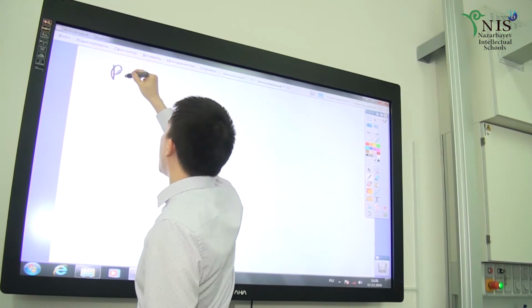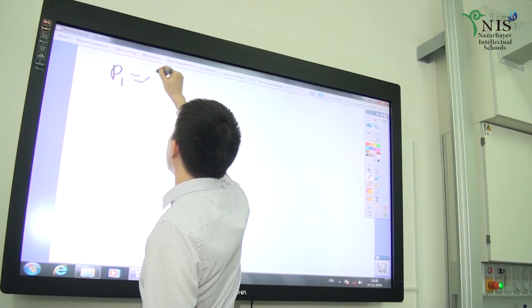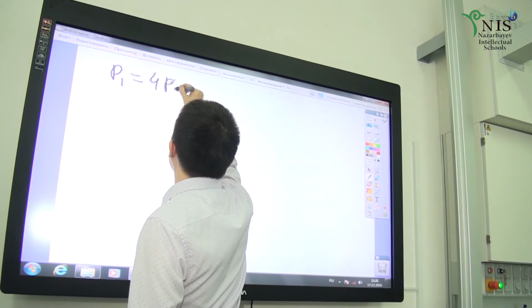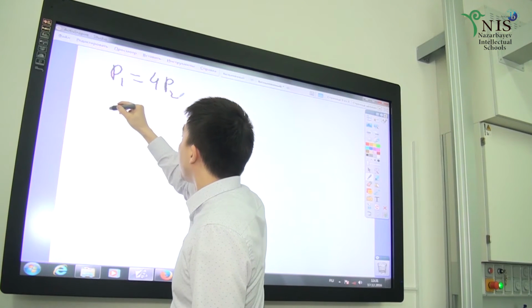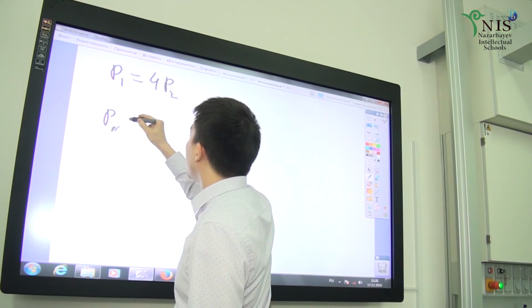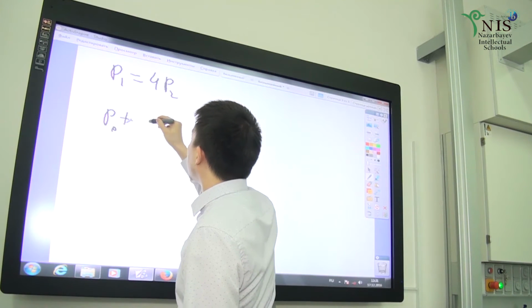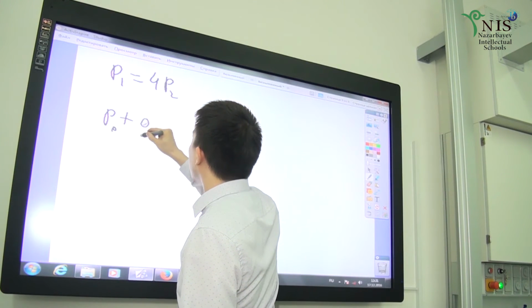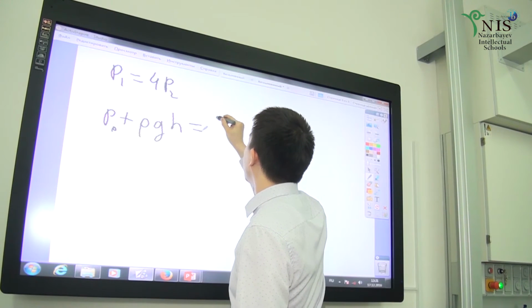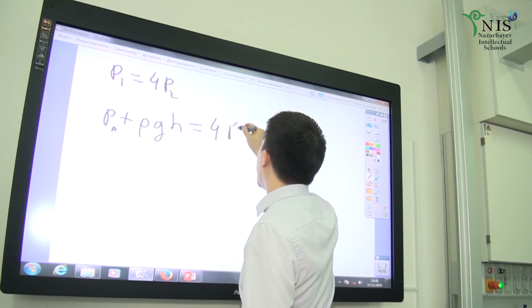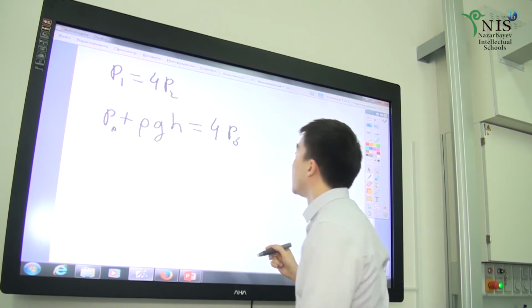Therefore, as a result, we will have pressure 1 equal to 4 pressure 2. So our pressure 1, atmospheric pressure plus the pressure of the lake, is equal to 4 multiplied by atmospheric pressure.